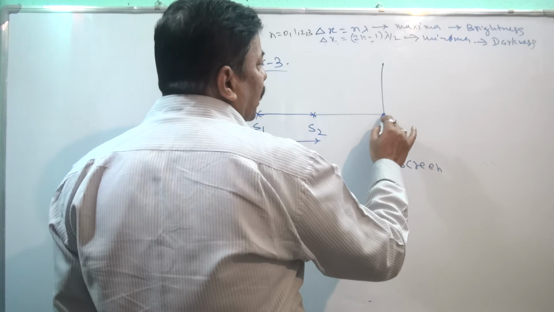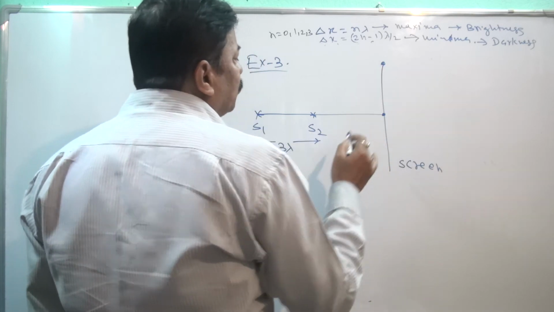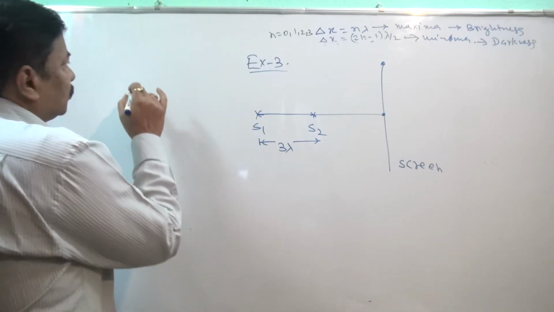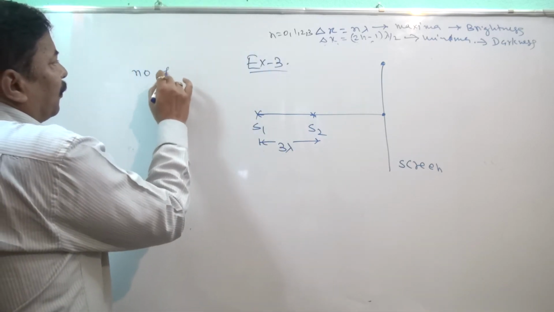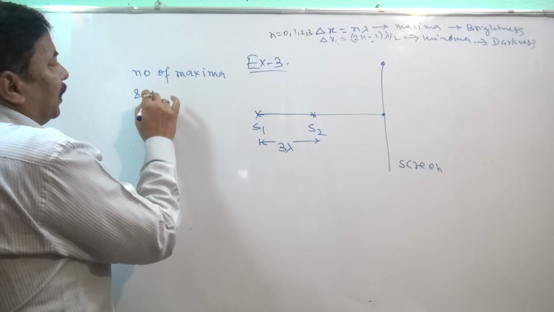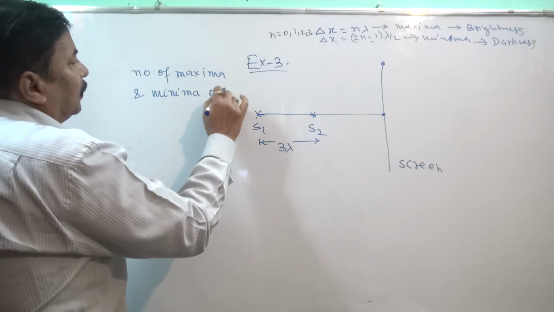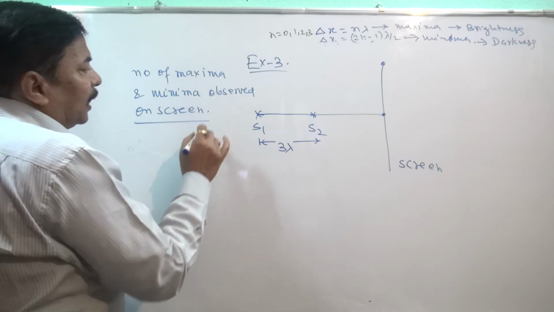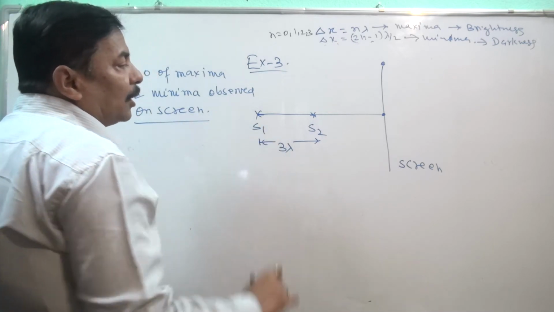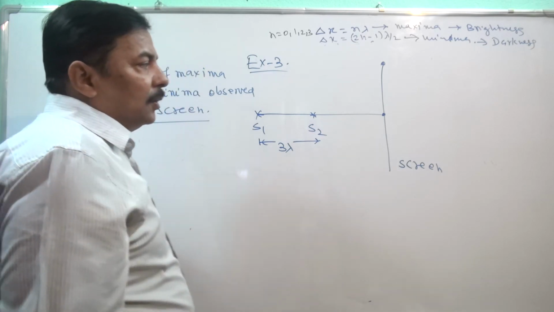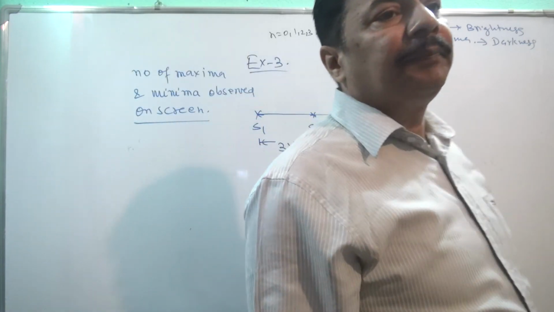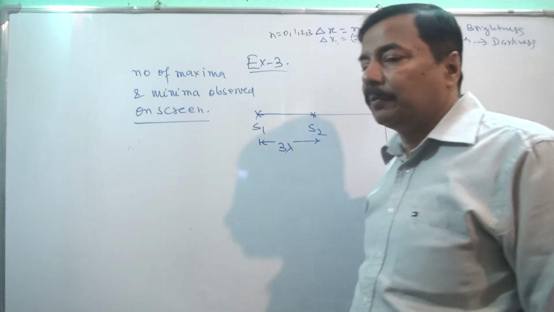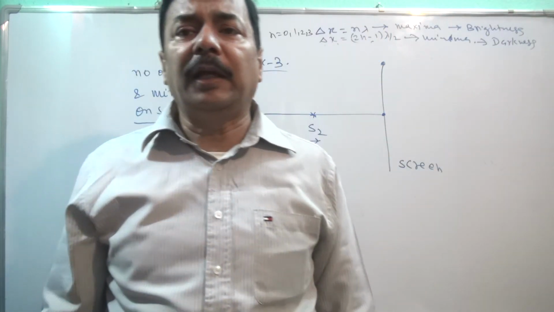Now you have to tell the number of maxima and minima observed on screen. Think about this situation and tell how can we find the number of maxima and the number of minima in this case.